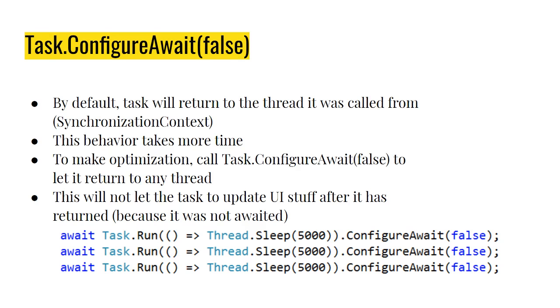So if, let's say, the UI thread ran a task which ran on thread 1 and I called ConfigureAwait false, after the await is done, the next code will run on thread 1 and not on the UI thread. This is useful for optimization, and it's not so useful when you need to update the UI afterwards. If you need to update the UI, it needs to happen on the UI thread. So for UI, ConfigureAwait false does not work.